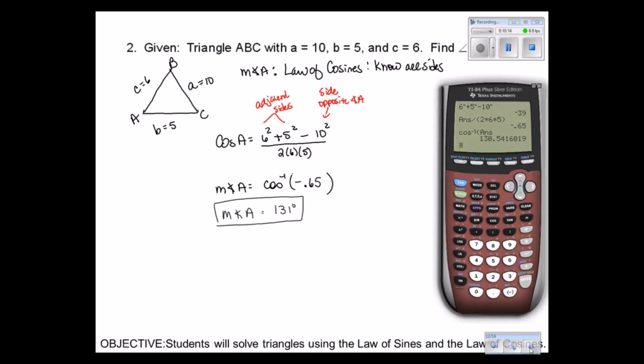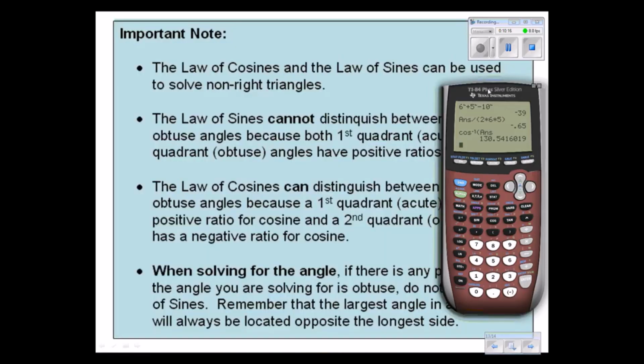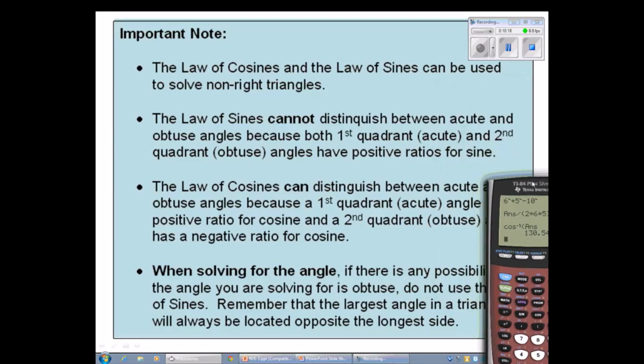Now there are some important notes in the box that you can't overlook. We can use the law of sines and the law of cosines for any kind of triangle, right, though we use it mostly for non-right triangles. Now remember that little saying, all students take calculus?